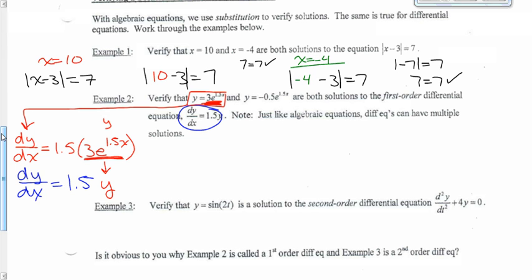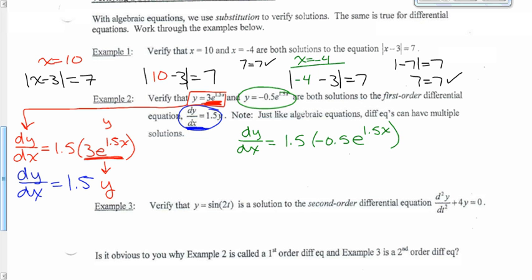So let's try the same thing with our other equation. We have this other y right here. So I'm going to start by finding dy dx, and that's going to be 1.5 again, times my constant, negative 0.5 e to the 1.5x. And let's compare that with what I have in blue.